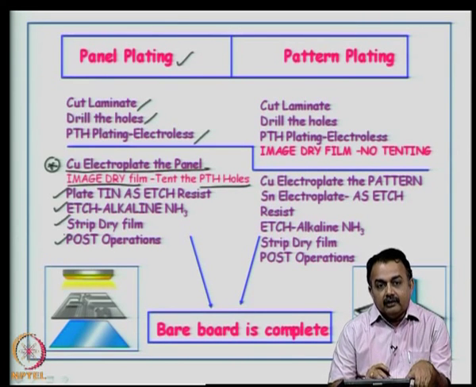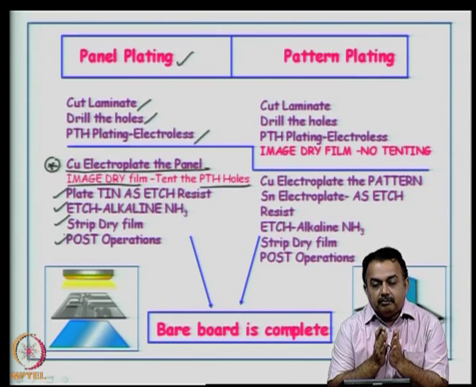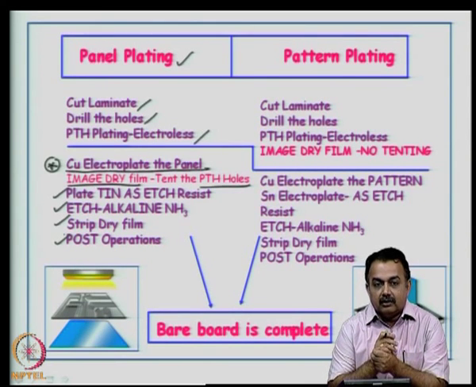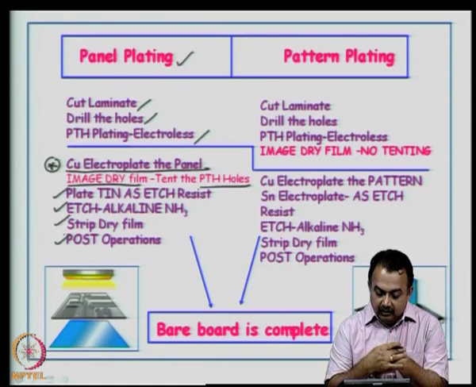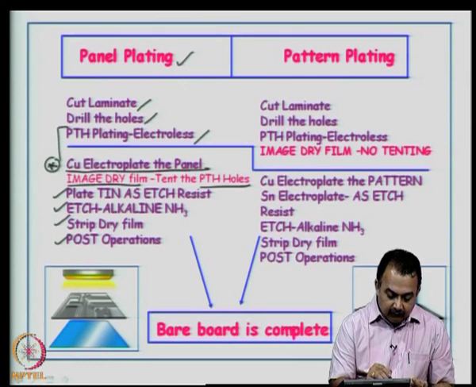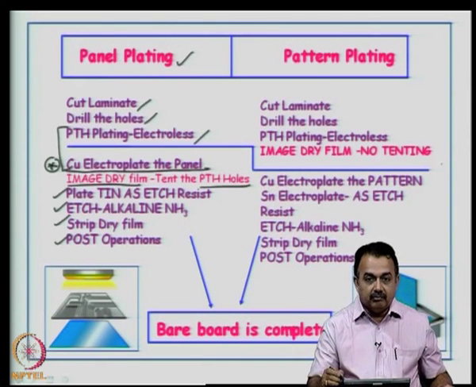So, here you are plating the entire area, then imaging, then using tin as an etch resist, and then you are removing the unwanted copper from the board, and then you are stripping off the dry film. So, at this point you have to watch how it is done in the pattern plating process.